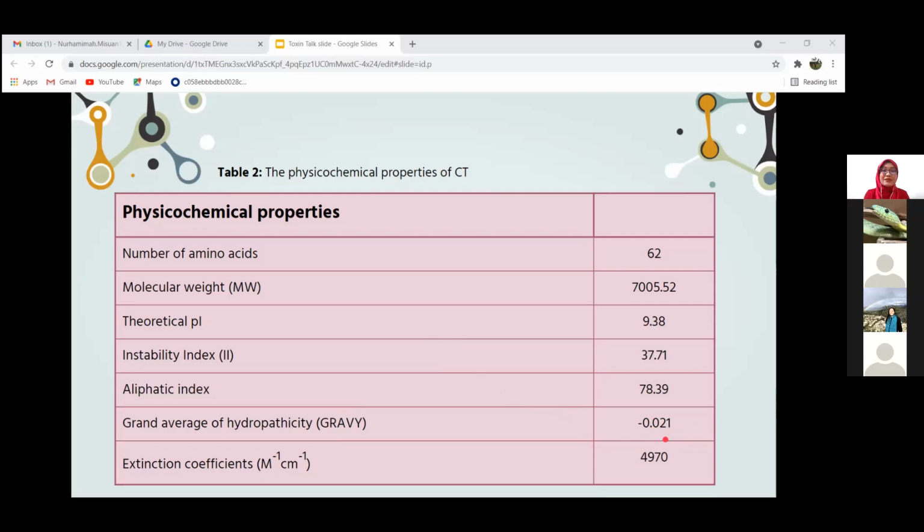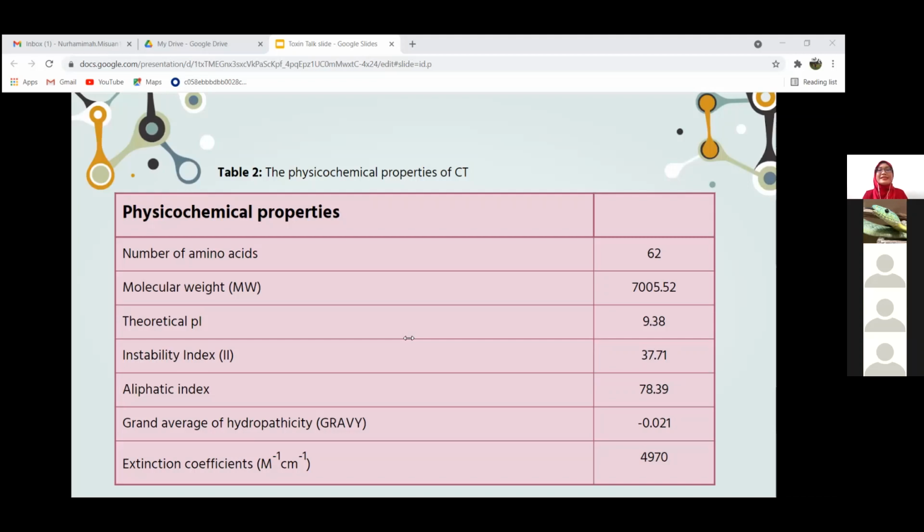And the last physicochemical property of CT that was studied is the extinction coefficient, or EC, which is used to show how much light a protein can absorb at a certain wavelength, especially 280 nanometers. The EC can be calculated from the presence of tyrosine, tryptophan, and cysteine residues in a protein, since these amino acids are better at absorbing light at 280.